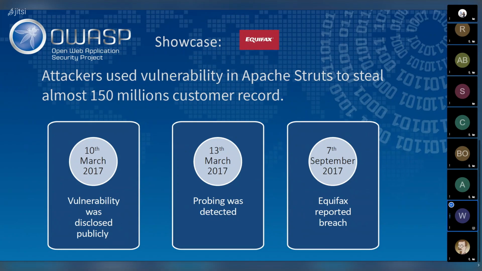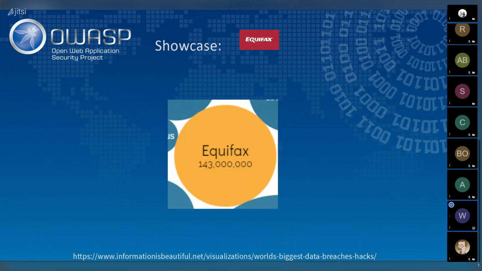But okay, with the huge media coverage, the Equifax breach looks huge, but really it was just a drop in the ocean. Here you can see the list of the biggest breaches. Can you see Equifax here? Anyone? Yeah, bottom left.